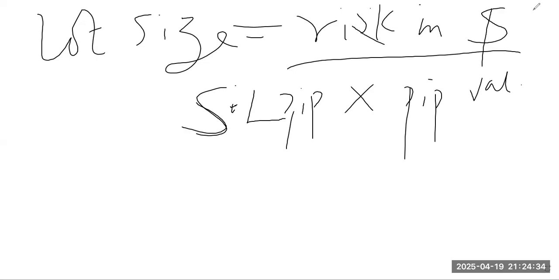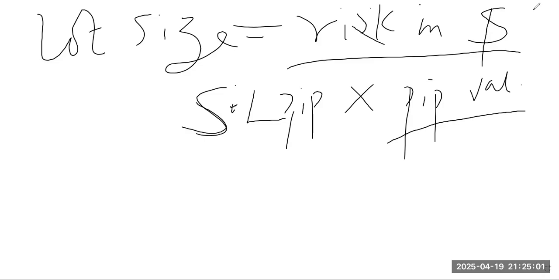Then the other thing you need to know is the account you are trading: is it a standard lot account? Is it a mini lot account? Is it a micro lot account? Or is it a nano lot account? That will help you know your pip value, because a standard lot account pip value is different from a mini lot account pip value. You get it now.